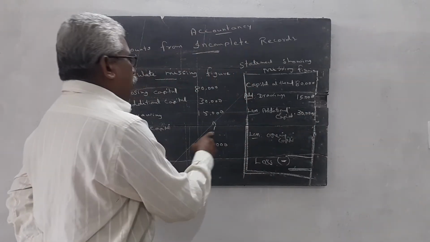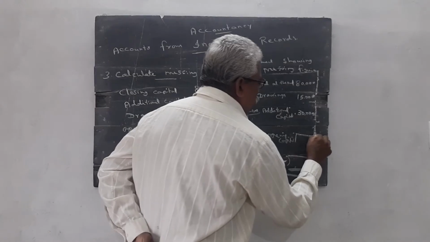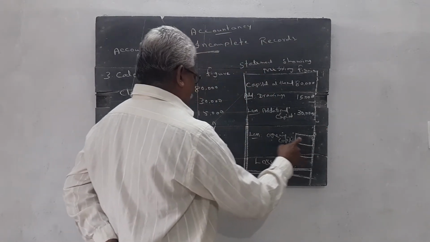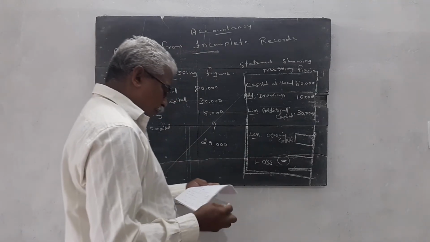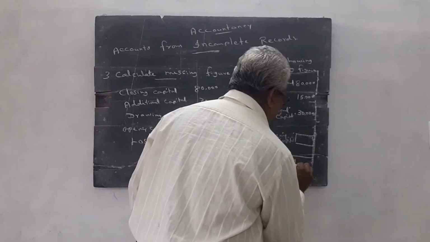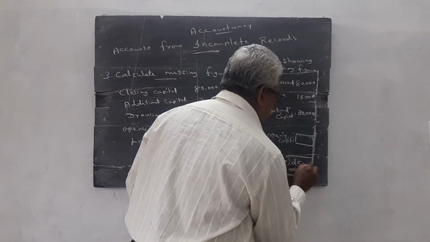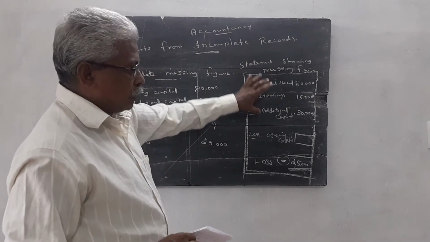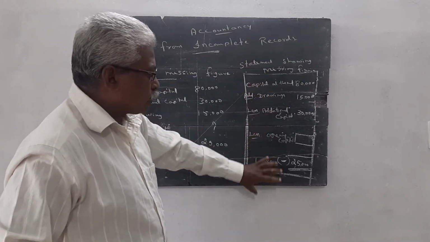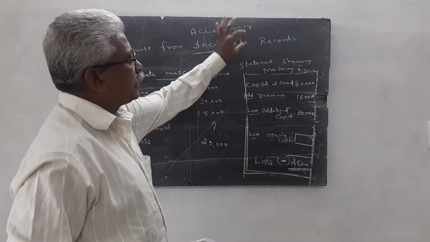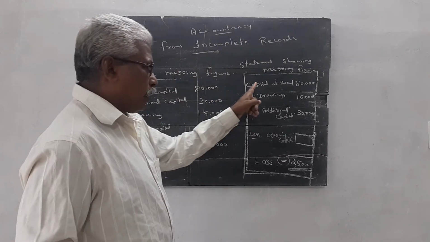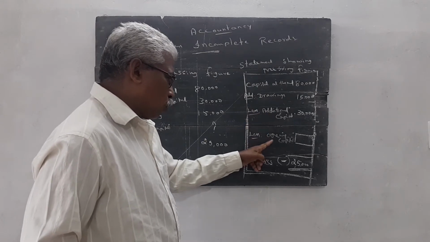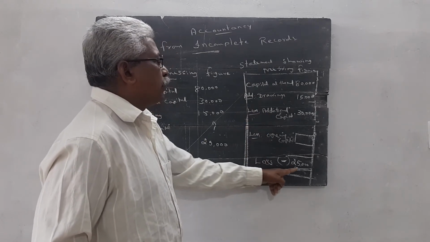Less opening capital. We have to find out the opening capital. So this is the answer for this question. Loss 25,000. This is the format given. If we memorize this formula, we can easily solve any question. Capital at the end, add drawings, less additional capital, less opening capital, loss 25,000.